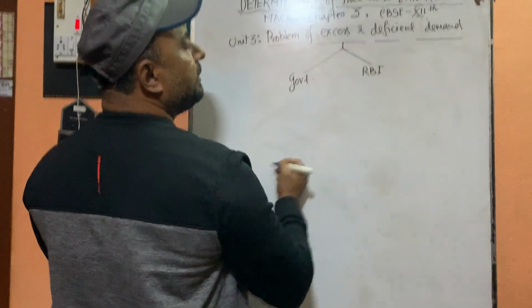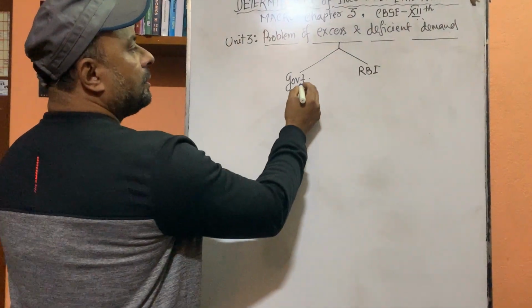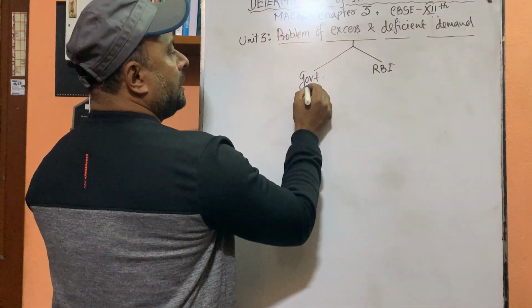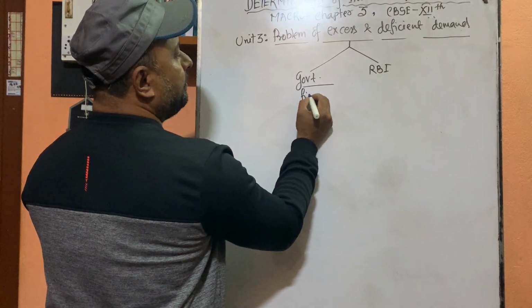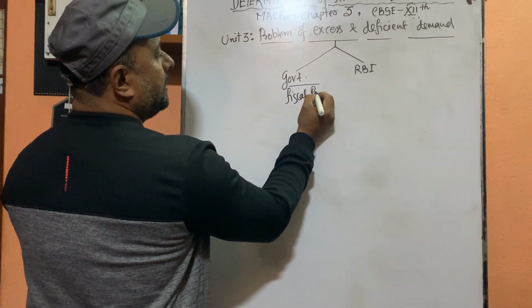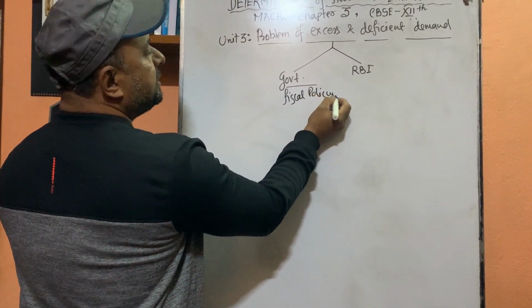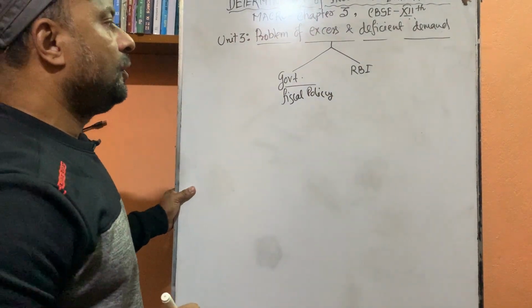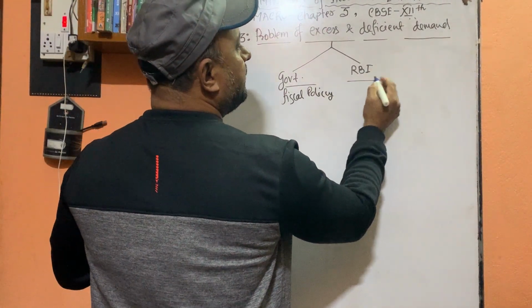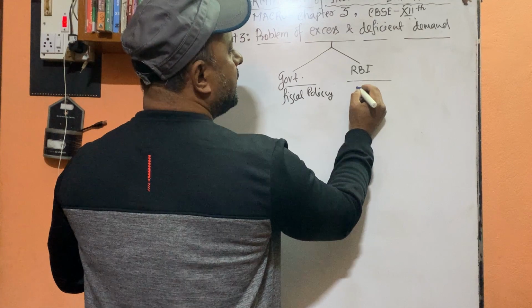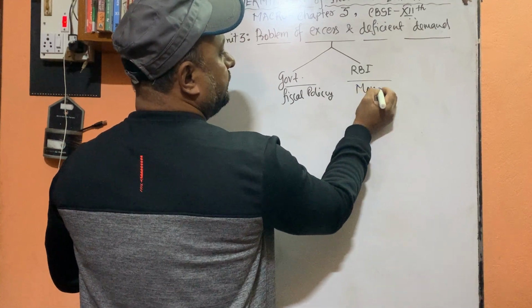In our country, the central bank is RBI. So, government policy and Reserve Bank policy. The policy adopted by the government is called fiscal policy, and the policy adopted by the RBI, that is the central bank, is called monetary policy.